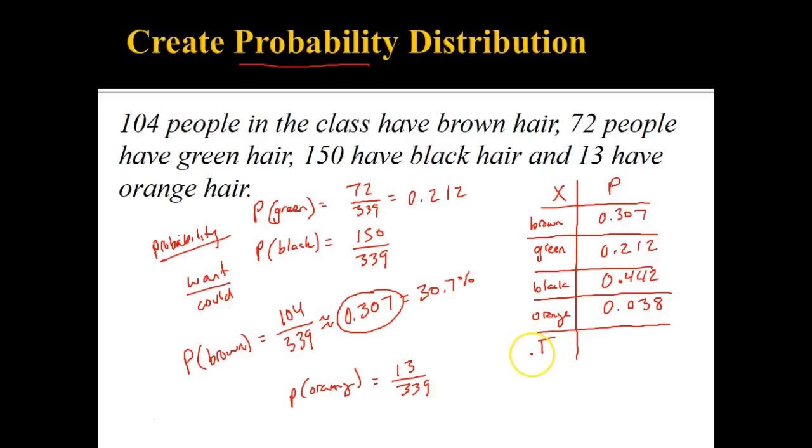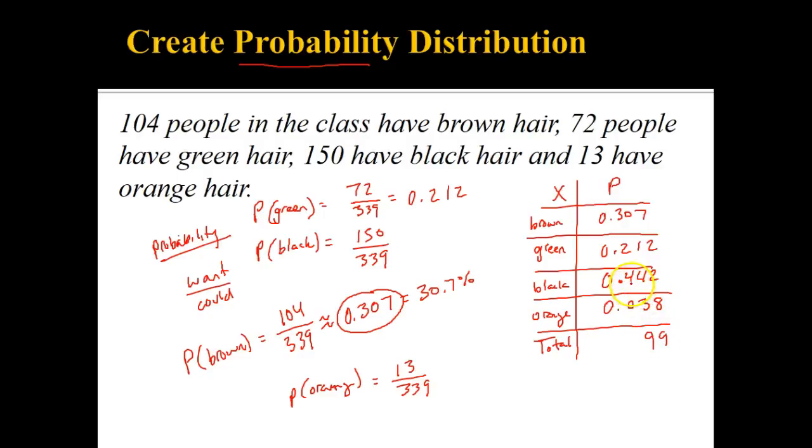When you're doing a probability distribution, you can always check to see if it's right. You can't be guaranteed that it's right, but you can check it by taking the total, by adding them all up. So I'm going to add these together. So 8 plus 2 plus 2 plus 7 is 19. Carry the 1, plus 3 plus 4 plus 1 is 9.